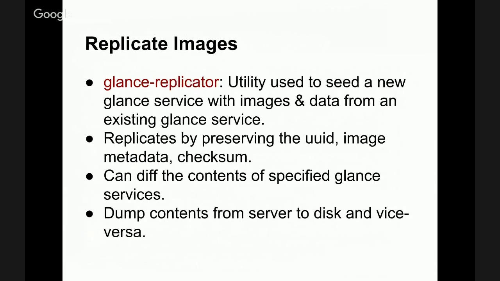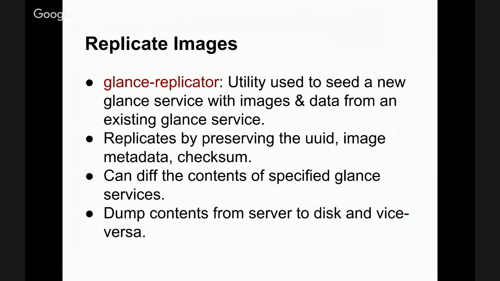And then, I spoke a little bit about using locations as a way of seeding a new Glance service with images from an old site. There's a tool specifically written for this called Glance Replicator, which could be used to seed a new Glance service from a specific site that you have.